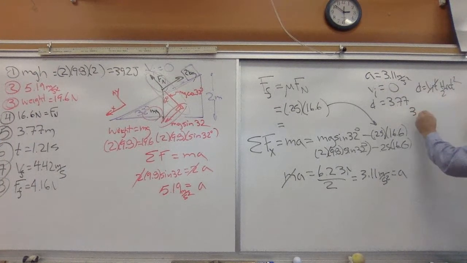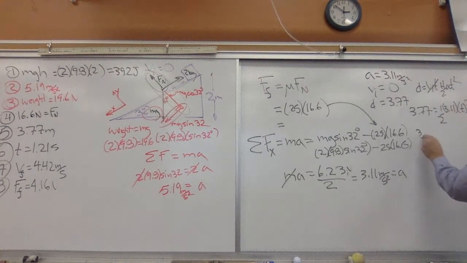This is going to go away, so we're going to have 3.77 is equal to 1/2 of 3.11 times t squared. So 3.77 times 2 divided by 3.11.